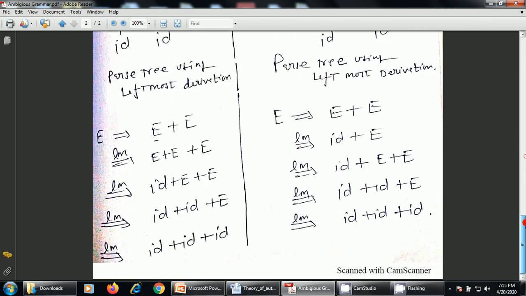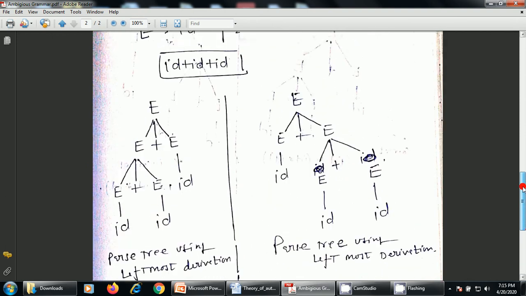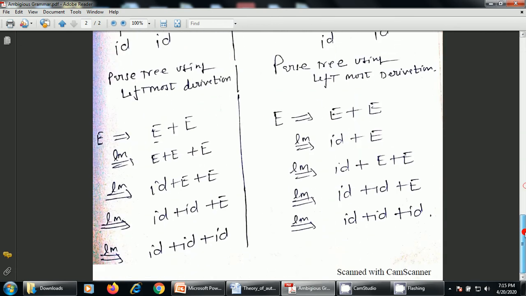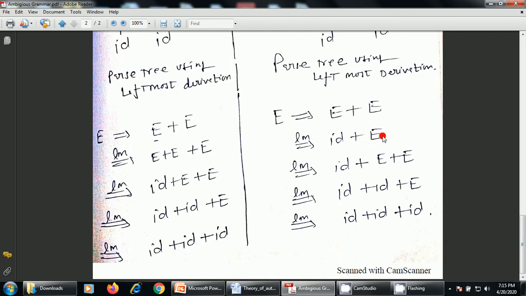And this is a leftmost derivation, and this is also a leftmost derivation. Take E plus E, and in place of the first E I am going to put id. We can take any production in any step, but the target is to generate id plus id plus id. Now in place of capital E in the third step put E plus E, in the next step put id, and in the last step put id.